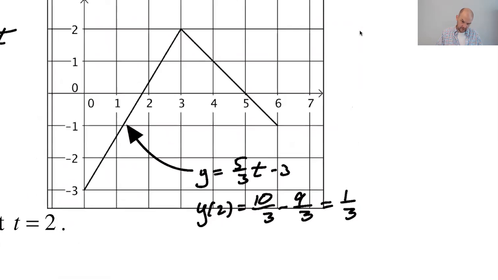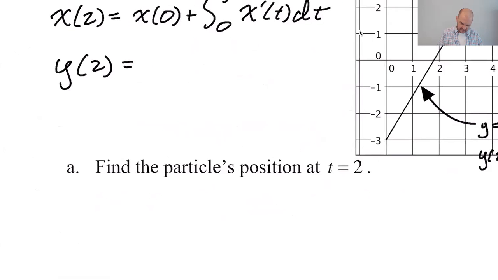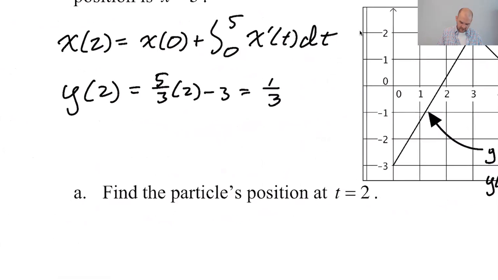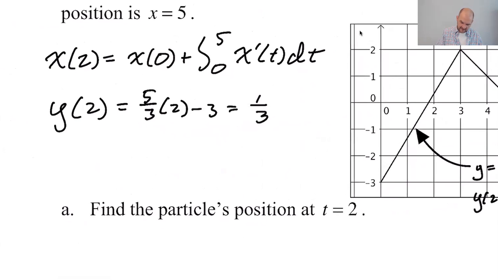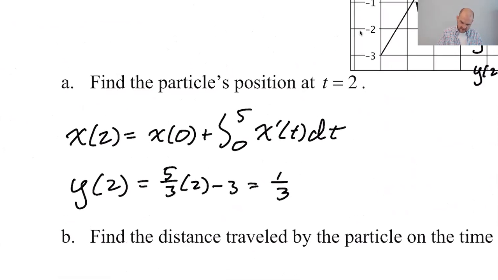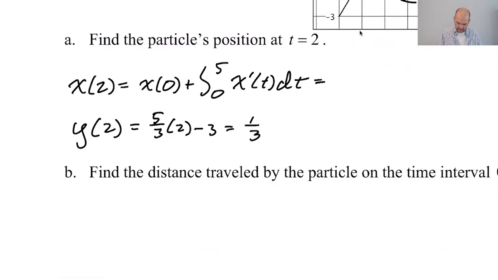I probably could have just guessed, but you don't want to just do that. So 5/3 times 2 minus 3 is 1/3. Okay, so we have to use a calculator to find x. I will do that in a minute when I see what the next question is. So this will be something, and then we'll write the ordered pair.